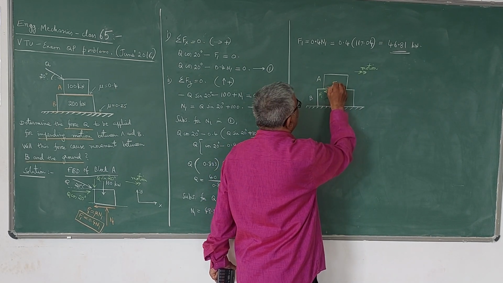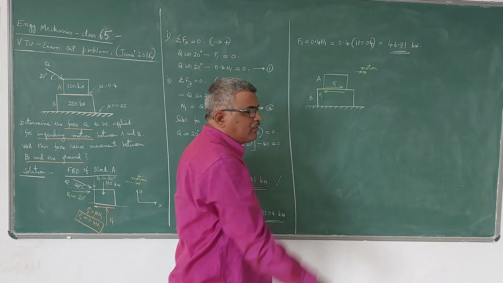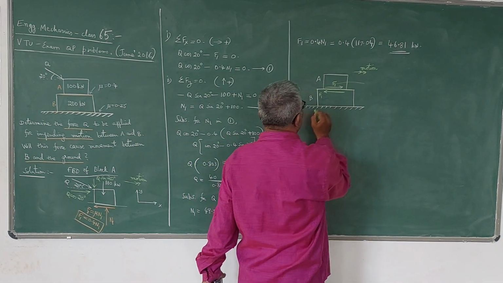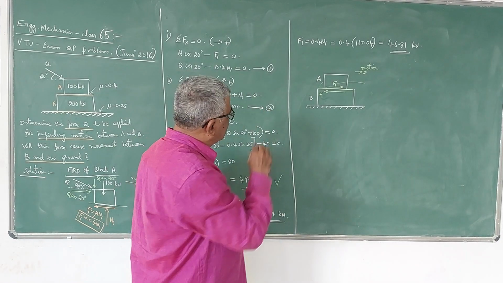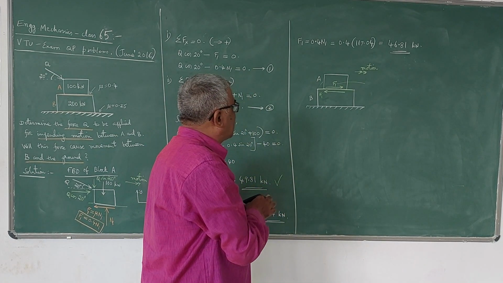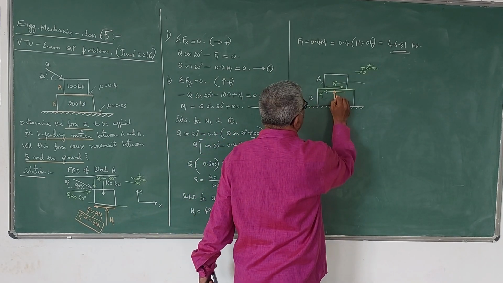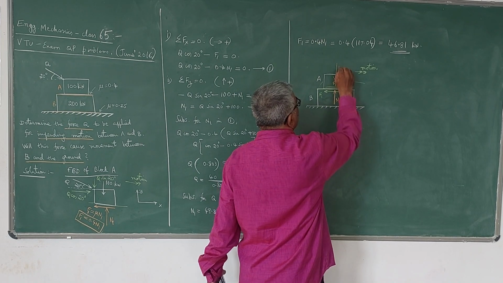So this concept is very, very important, because at the junction also it should be in equilibrium. This F1 is the friction on block B. Now, similar to this, we have the normal reaction also. Normal reaction for this block A, N1 will be acting like this. For this block B, N1 will be acting like this.